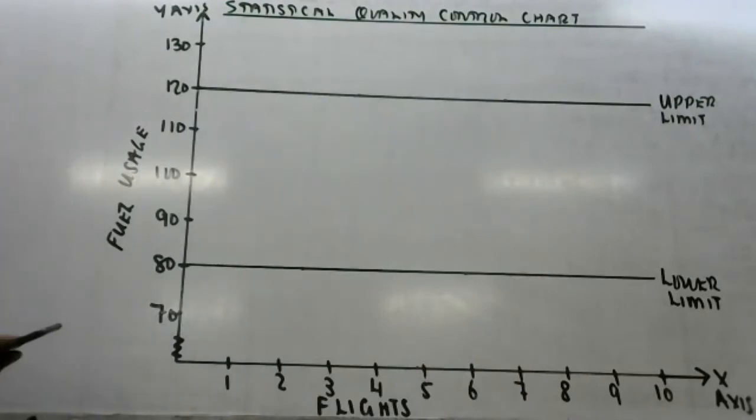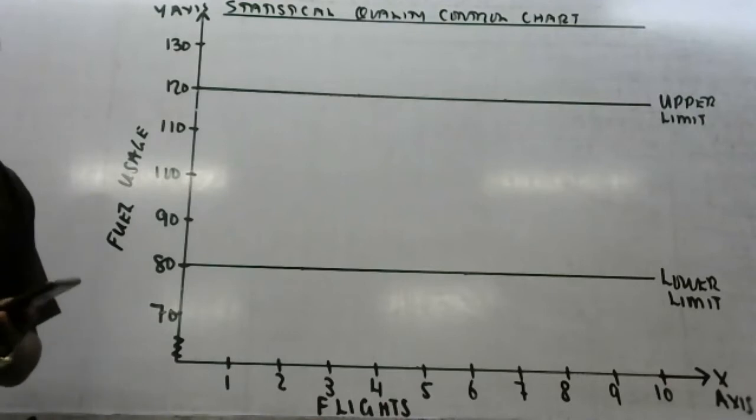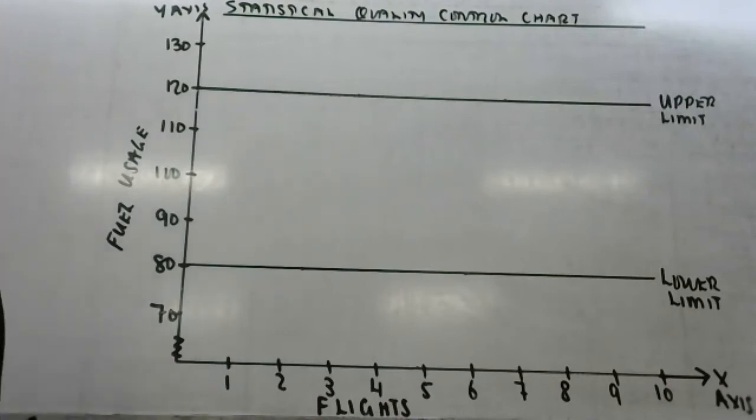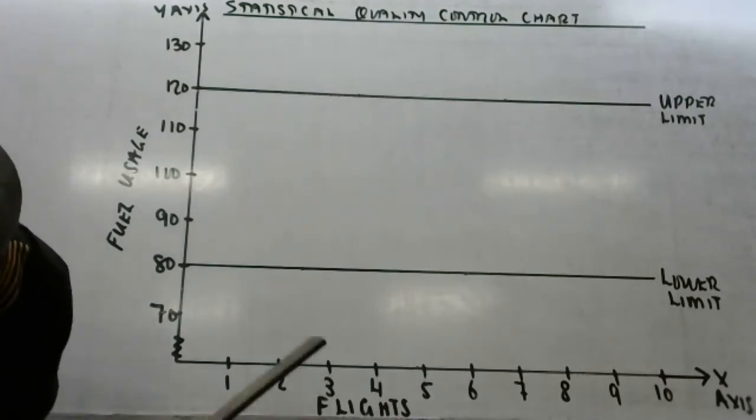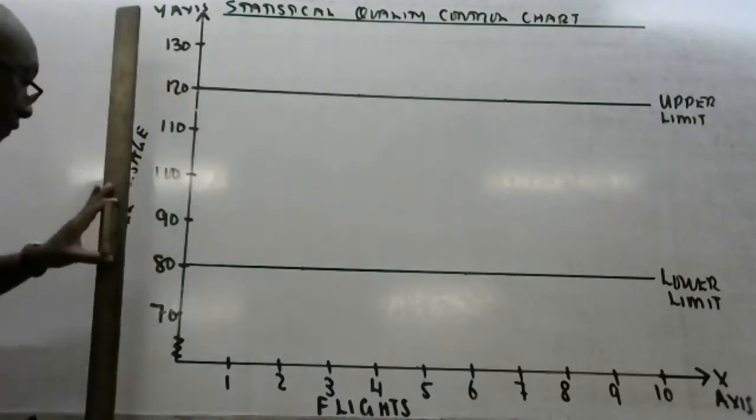Sasa ukishachora hivyo, you start plotting those values. So in plotting, skyline 1 iko na 104.